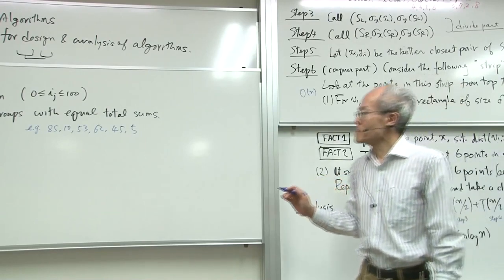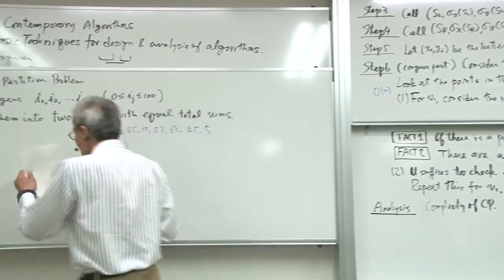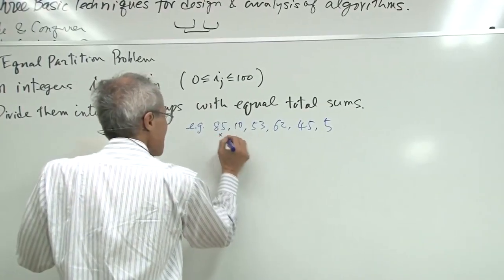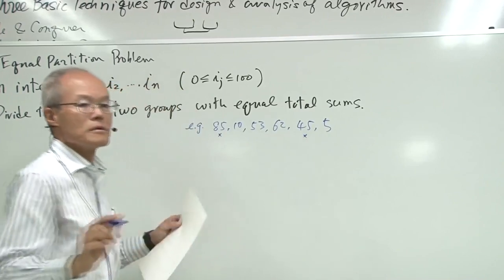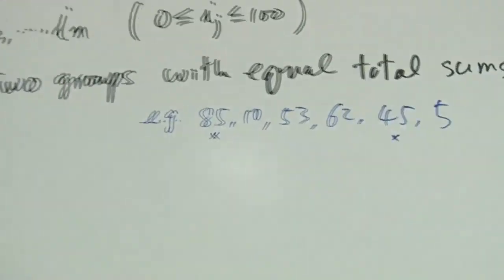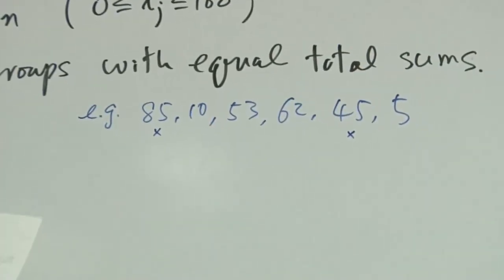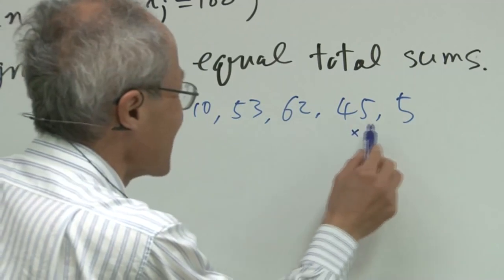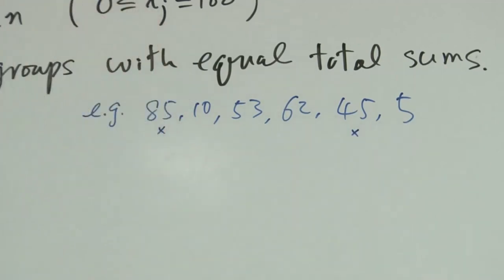In this case, if I did the correct calculation, this is one group. The sum is 130. The sum of the other group should also be 130.